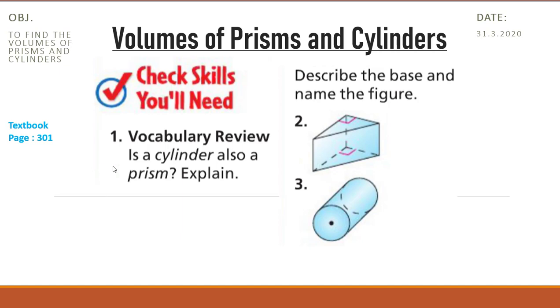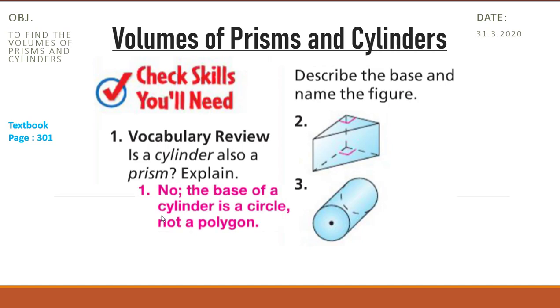In the first question, is a cylinder also a prism? Explain. Of course, guys, the cylinder is not a prism because the base of a cylinder is a circle, not a polygon. And then what's the difference between circle and polygon? Why circle is not a polygon?